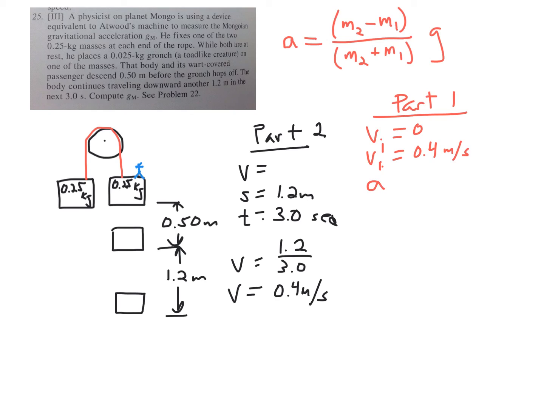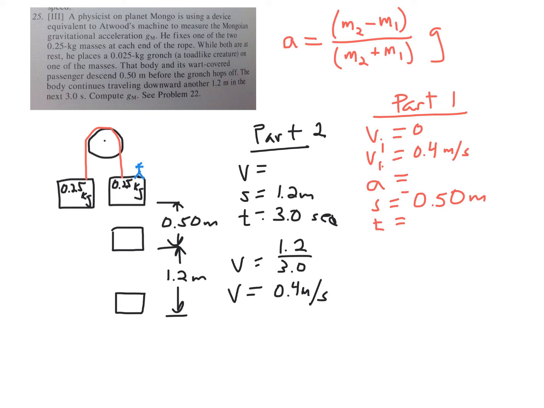A is what we're looking for. S is technically negative 0.50 meters. You don't need to put the negative in there, but I'll be consistent with other problems. And t. All right, so we have enough information to figure out the acceleration of the mass on the right, and it's also going to be the same acceleration for the mass on the left going up.